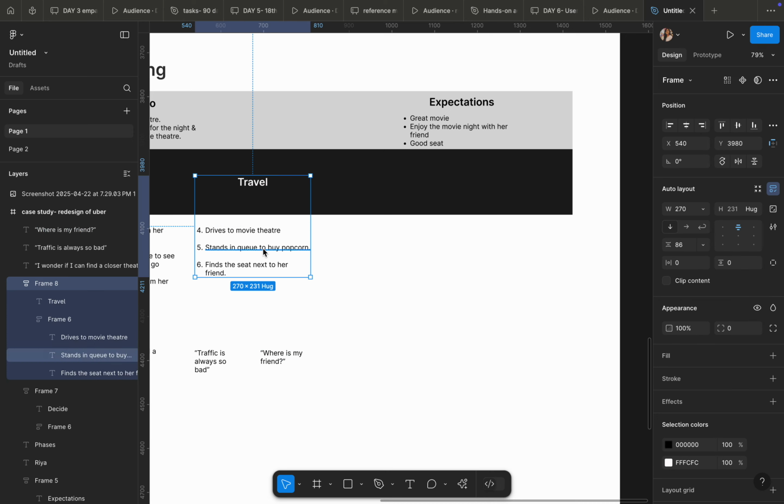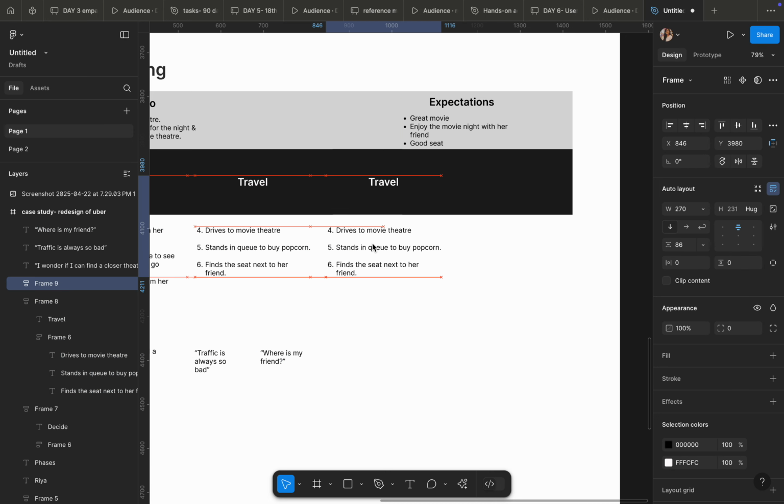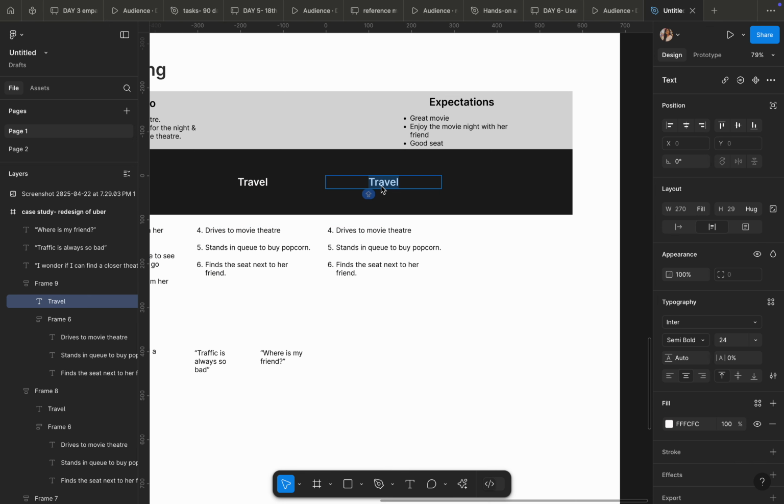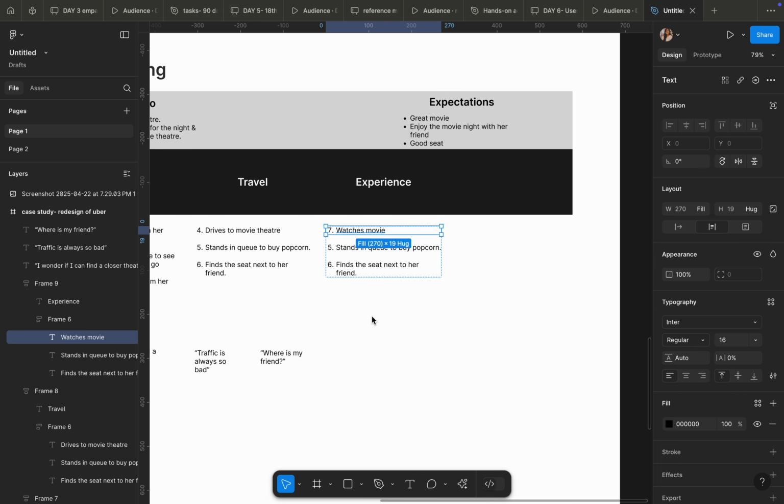And what she is experiencing after that: she is watching the movie. Any other thoughts?